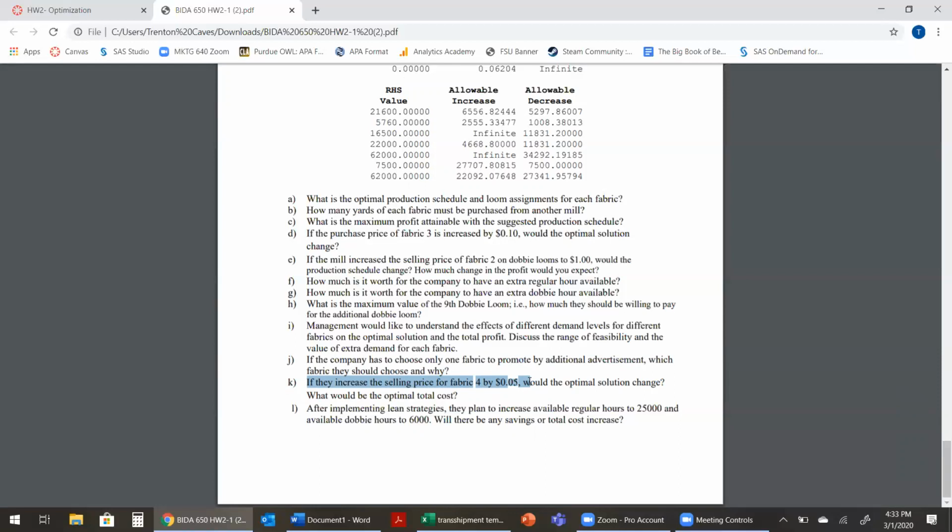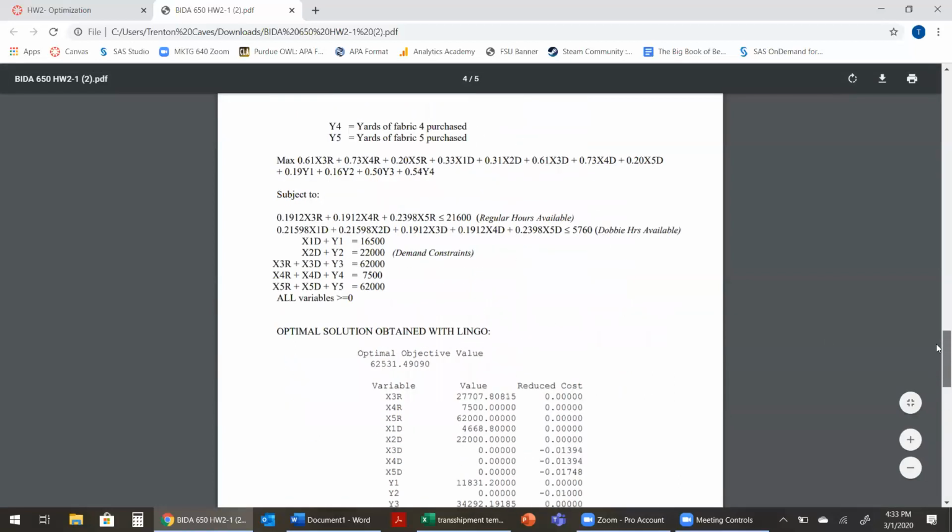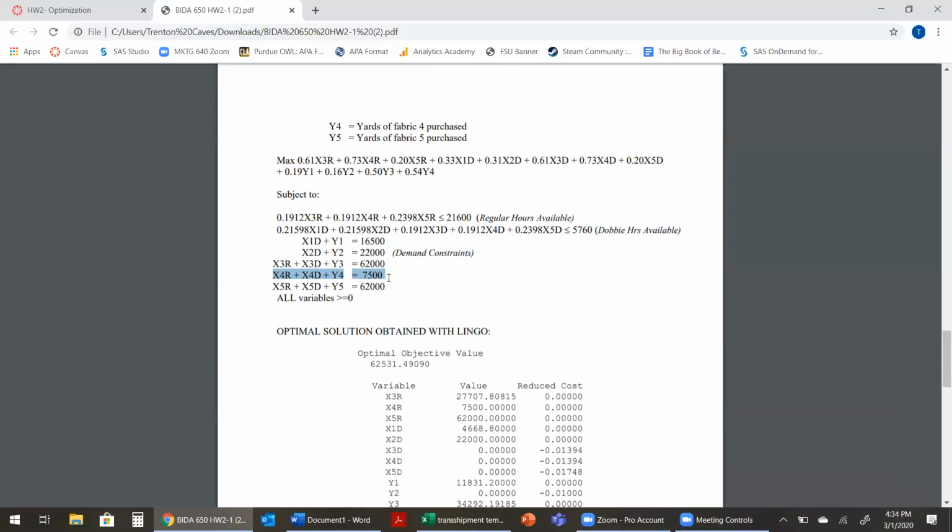Well, if the selling price for fabric 4 increased, that affects fabric 4 produced on Dobie looms, fabric 4 produced on regular looms, and purchased fabric 4. So it's affecting 3 different objective constraints.